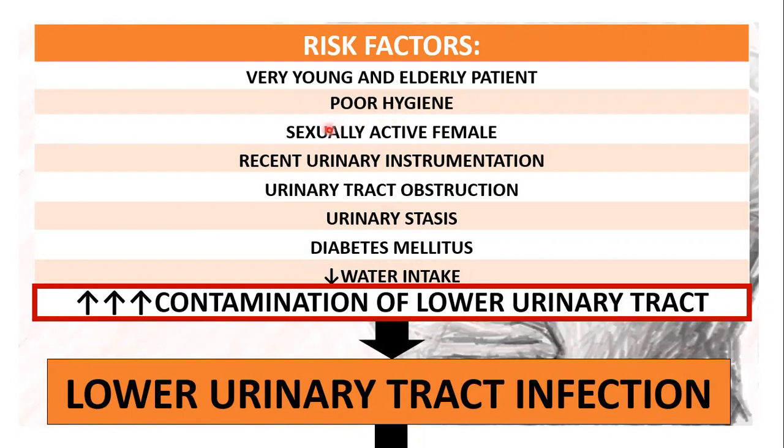And sexually active females also have an increased likelihood of acquiring infection. And also recent urinary instrumentation like insertion of a Foley catheter, urinary tract obstruction, urinary stasis, diabetes mellitus, and decreased water intake. All of these are risk factors that would increase the likelihood of contamination of the lower urinary tract, which would then lead to lower urinary tract infection.